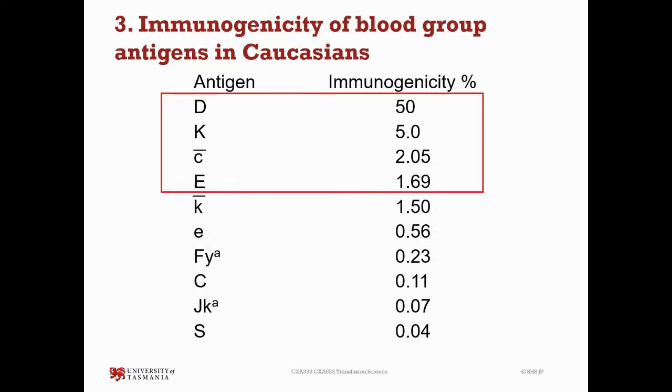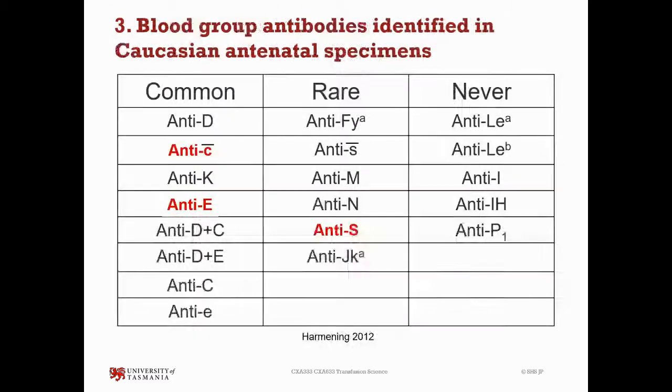So as you can see, the famous four antibodies that are involved in HDFN are also the antigens most likely to elicit an immune response. Although you may have noticed that little c and kel are transposed here. So we go back to here.